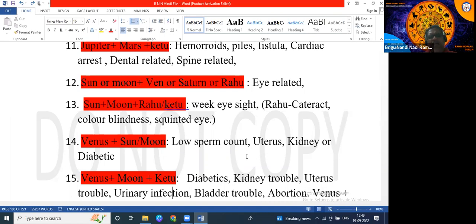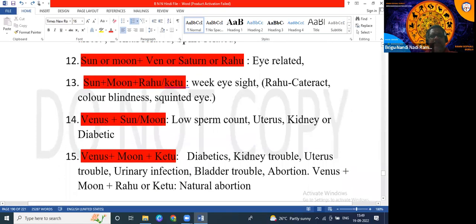So kidney and diabetic problems are caused by Venus when it is conjoined with enemies. In a similar way, Venus, Moon, Ketu: diabetes here. So Venus is with enemies, Sun, Moon, and Ketu. These are all enemies. Diabetes, kidney, uterus, urinary infection, bladder trouble, abortion.